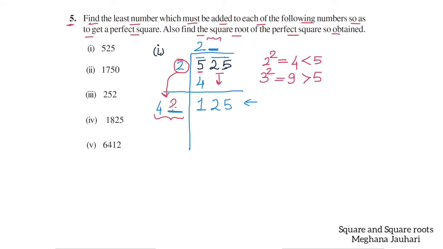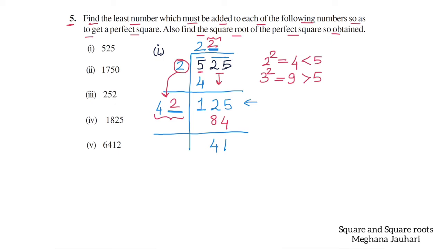So the largest possible digit is 2, because 42 into 2 is 84. If you had taken the next digit, that is 3, then 43 times 3 gives you 129, which is larger than 125. That's why we have taken 2. Now on doing subtraction you will get 41 as our remainder.